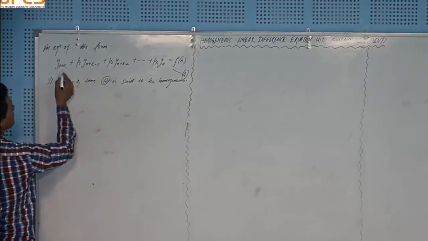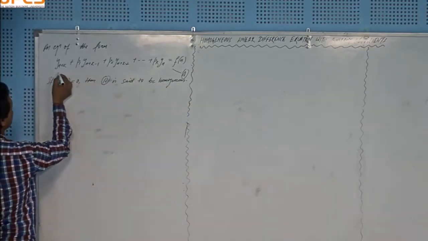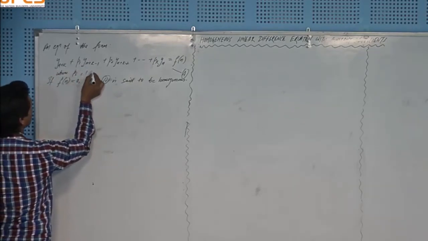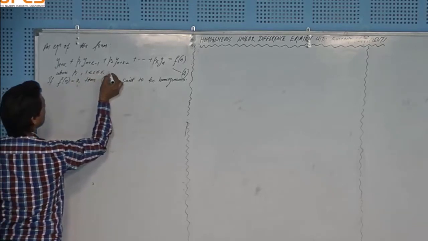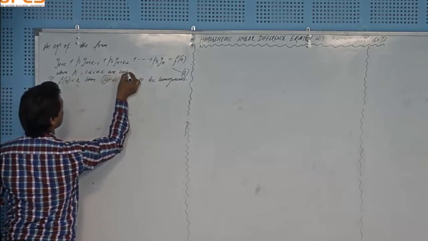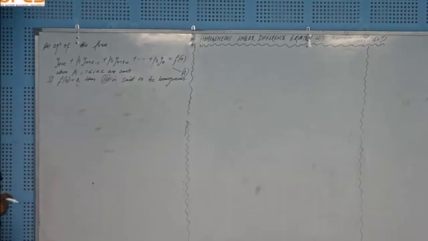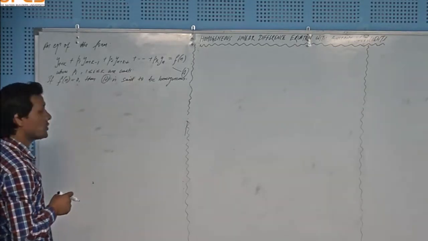And all of these pi, from 1 up to k, are constants, right? Okay, so we are interested in finding the solution of this difference equation.